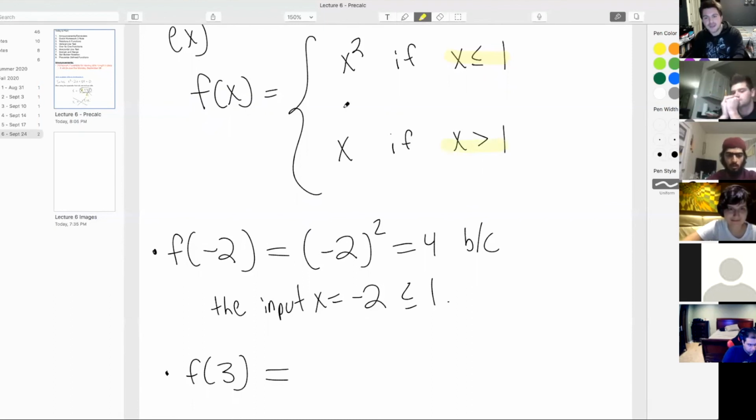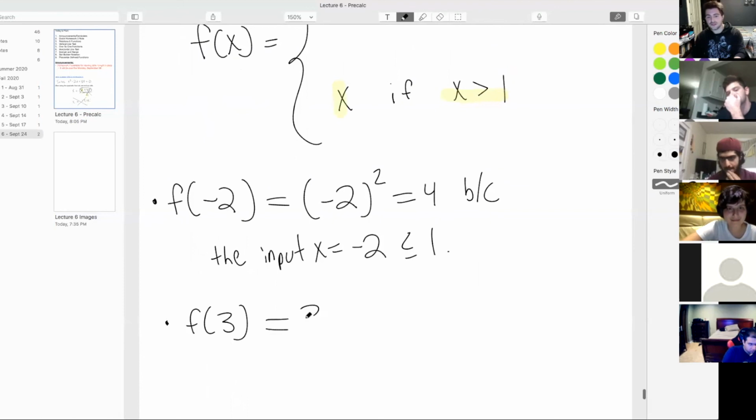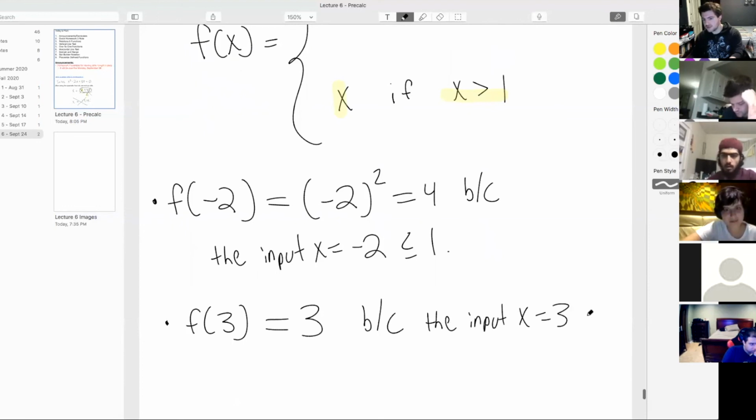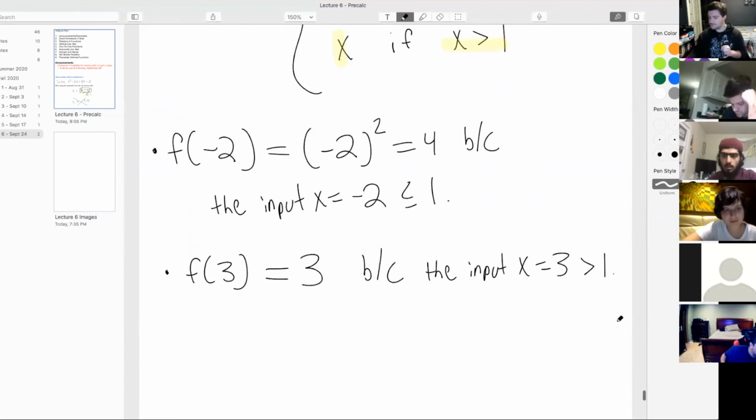Exactly, thank you. Yes, 3 is greater than 1, so the formula tells us I ought to use just the function x. So that's just going to be 3, because the input x equals 3 is greater than 1.